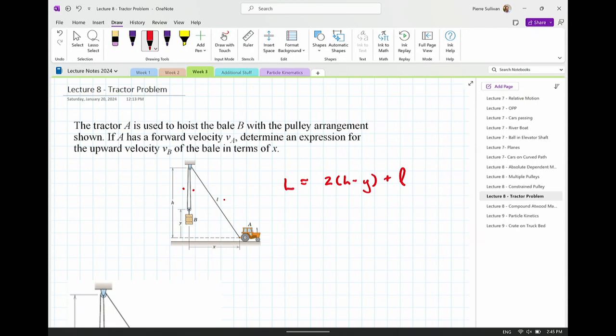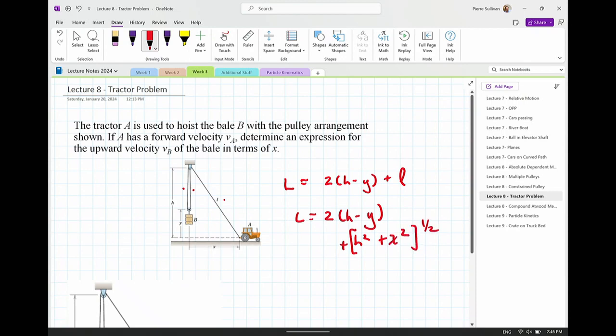As the tractor moves to the right, x is going to change, but h is not. So that is equal to L equals 2(h minus y) plus (h squared plus x squared) to the 1/2.